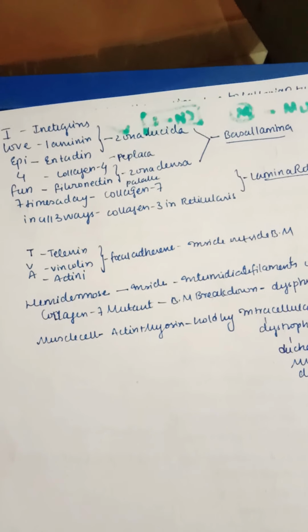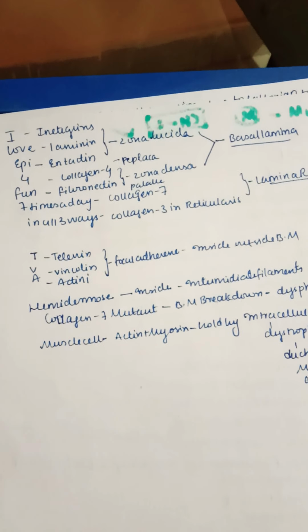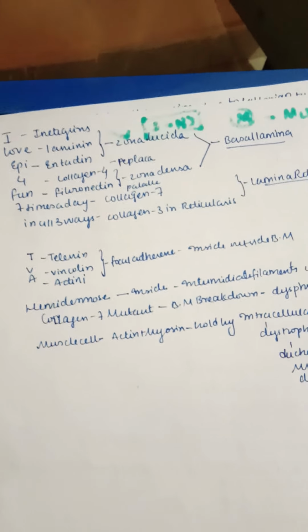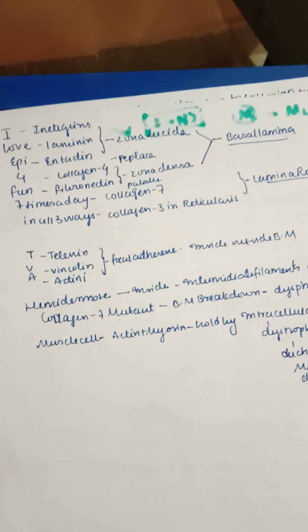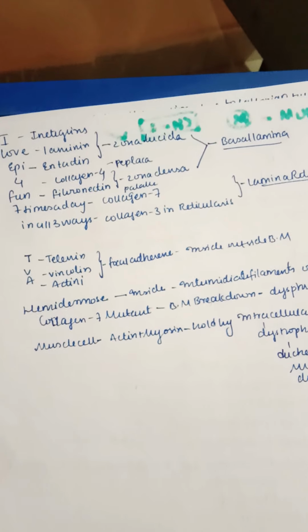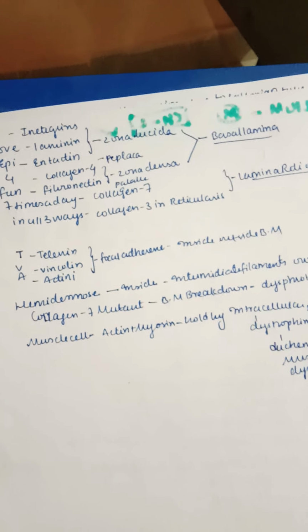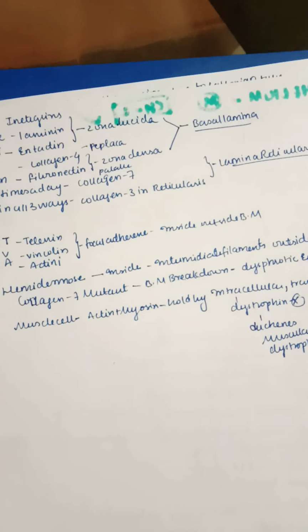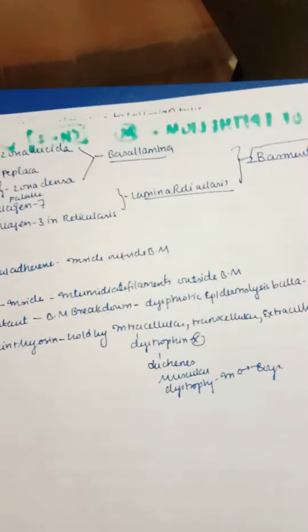The integrins, laminin, and entactin together form the zona lucida. Collagen 4 and fibronectin together form our zona densa. Together these form the basal lamina, and collagen 7 and collagen 3 in the reticularis together form the reticular lamina. The basal lamina along with the reticular lamina forms our basement membrane.